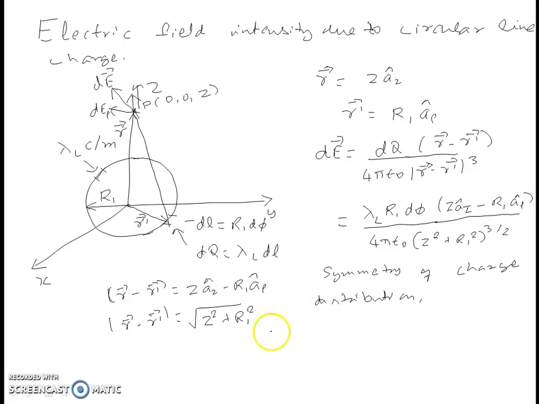So therefore, the electric field E is given by the integral of dE, and since the charge is distributed from phi equal to 0 to 2 pi, we will integrate along 0 to 2 pi, and we will consider only the z component.